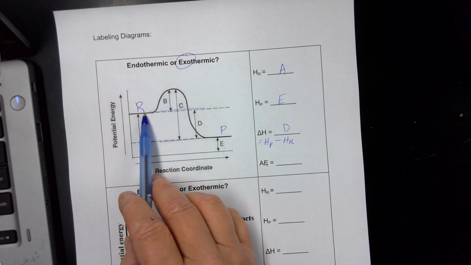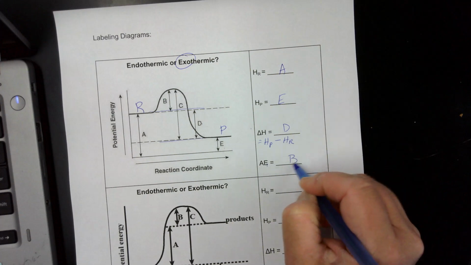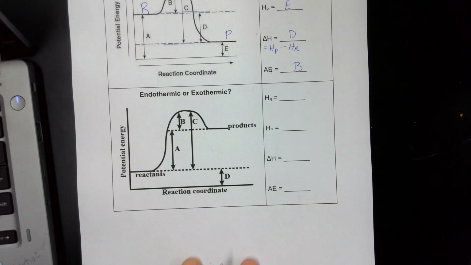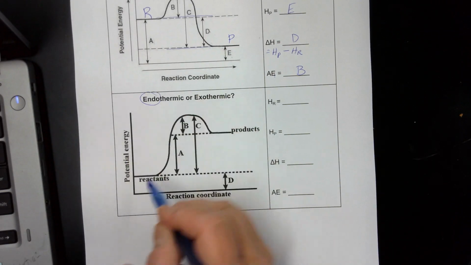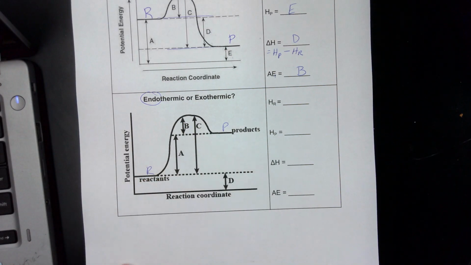So if the reactants are here and the peak is here, the arrow that goes there is B. All right, let's take a look at the bottom graph. This is an endothermic graph. We've got reactants here, products here. Products are higher, so that's an endothermic process.